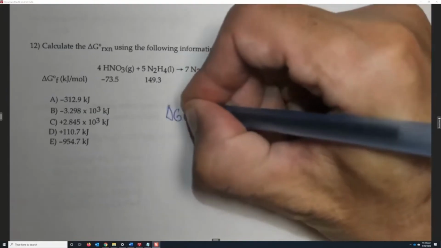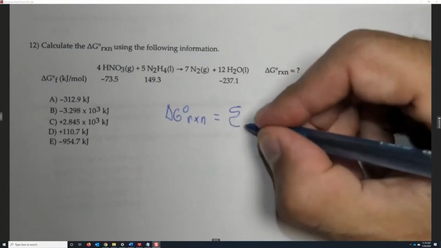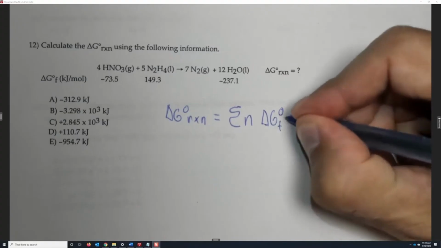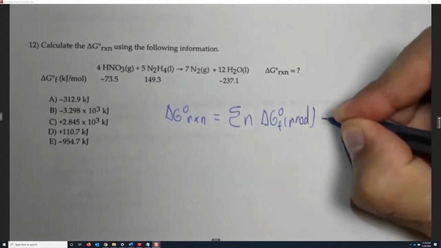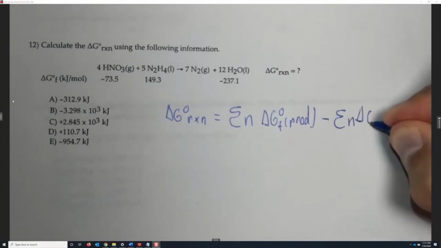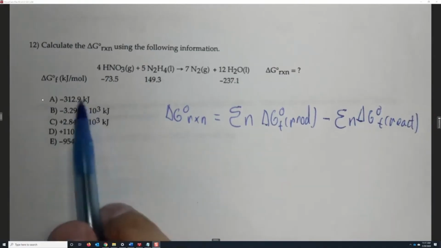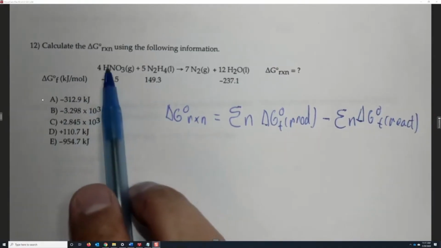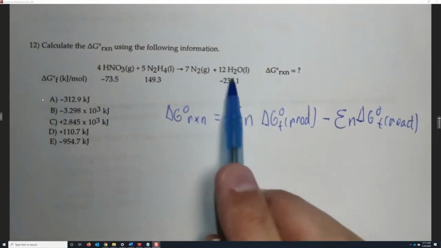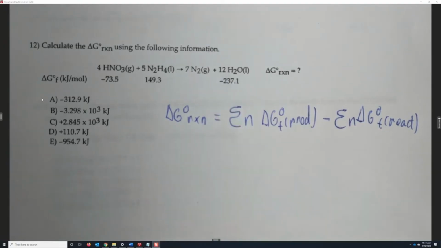So delta G naught of the reaction is equal to the summation of N, the number of moles, times delta G naught of formation of the products, minus the summation of N, the number of moles, times delta G naught of formation of the reactants. Okay, so this is for the formation of 1 mole of water. If we form 12 moles, it's going to be 12 times this amount of energy.